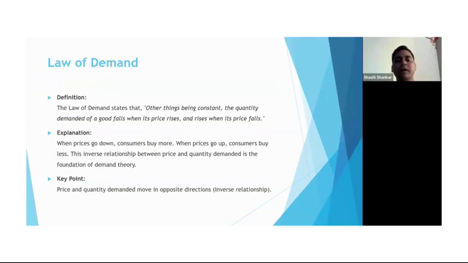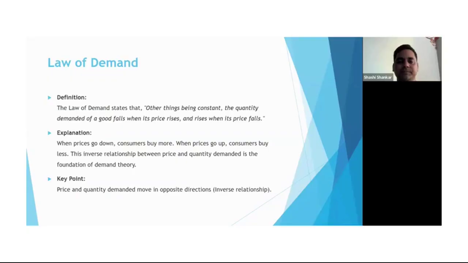That means if the price rises, the demand for the goods falls. And simultaneously, when the price falls, the demand rises.